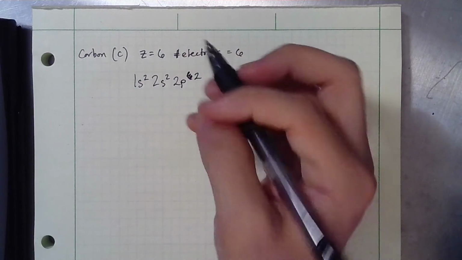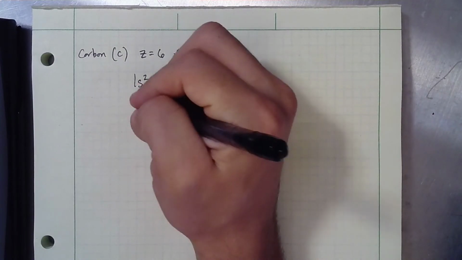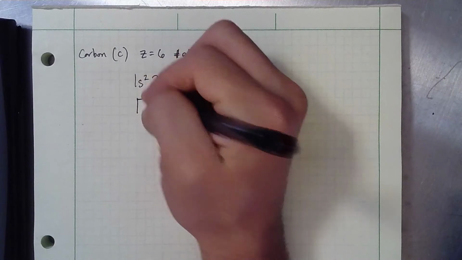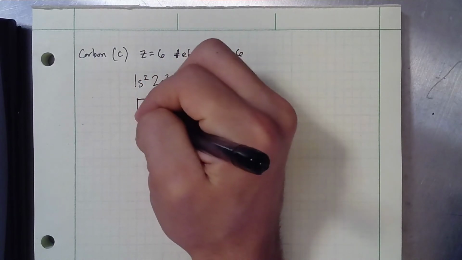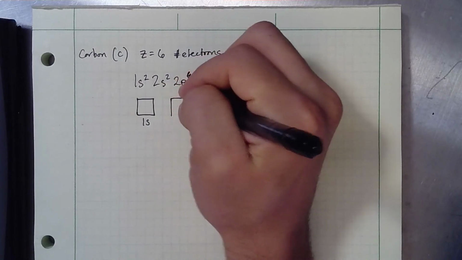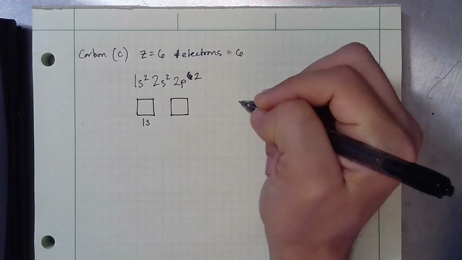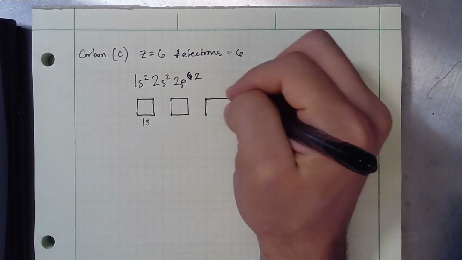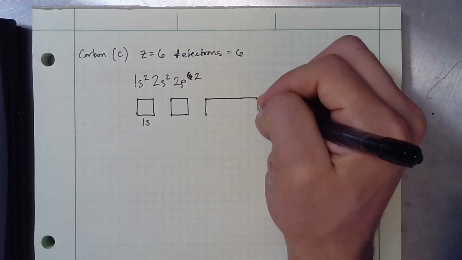So, on to the orbital drawing, okay? The way this works is we have a box for the 1s orbital, a box for the 2s orbital, and then the 2p orbital really contains space for 6 electrons, right?